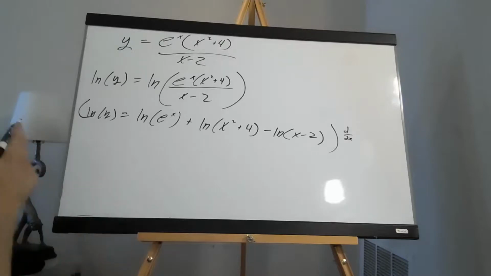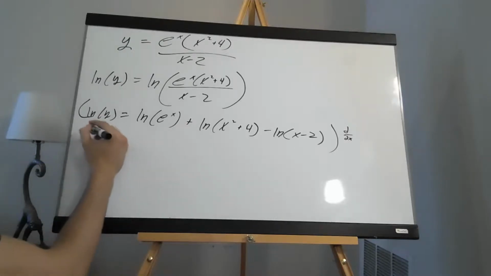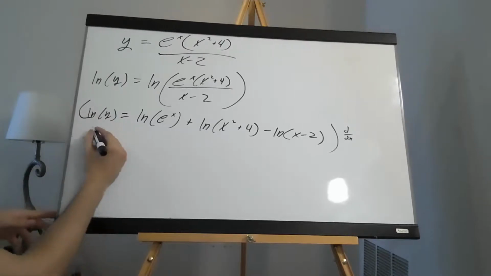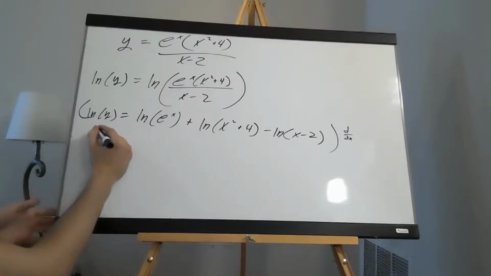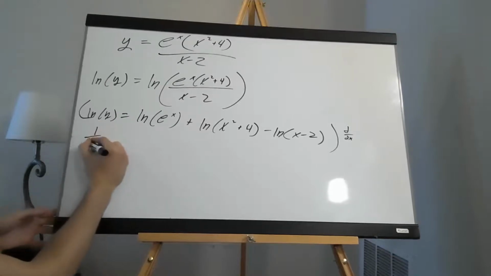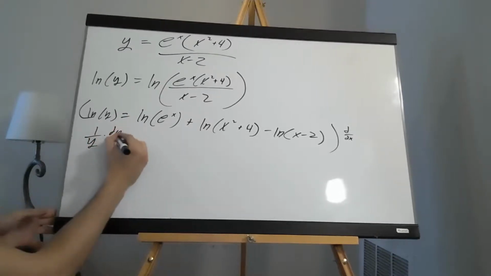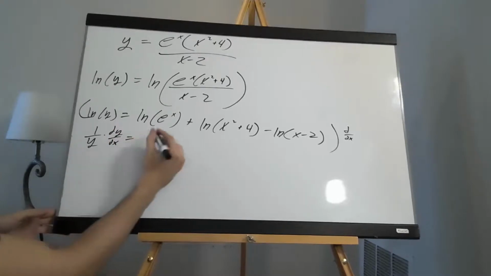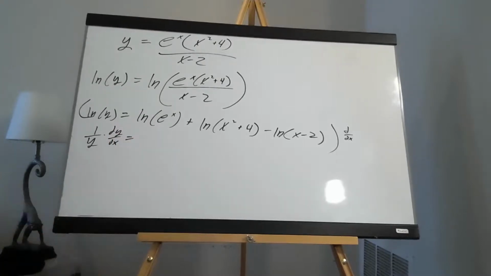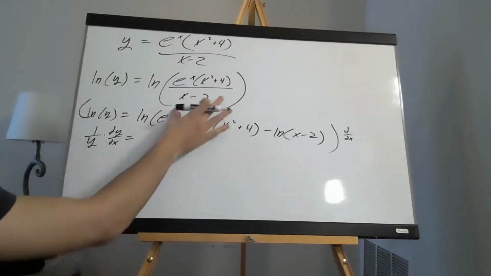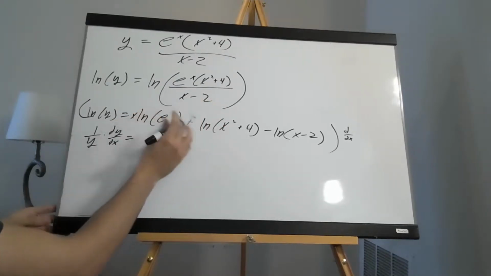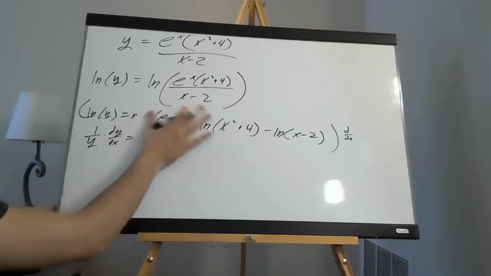But the next step is to differentiate the entire equation. So this is still going to follow the rules of implicit differentiation. So we know that the derivative of the natural log of y is 1 over y times dy dx is equal to, okay, so natural log of e to the x is equal to x times the natural log of e, which is just 1.